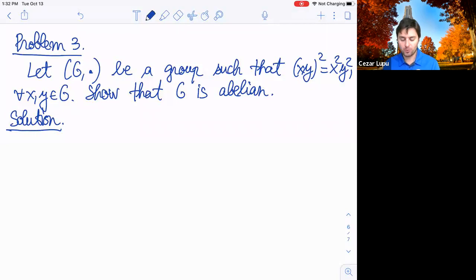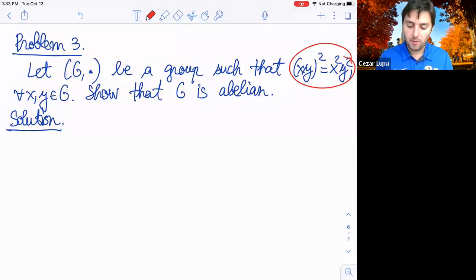So what do you think? How would you approach this? Well, let's explore this. We know it's a group, so keep in mind we have those three operations, and we want to see what happens to these operations.